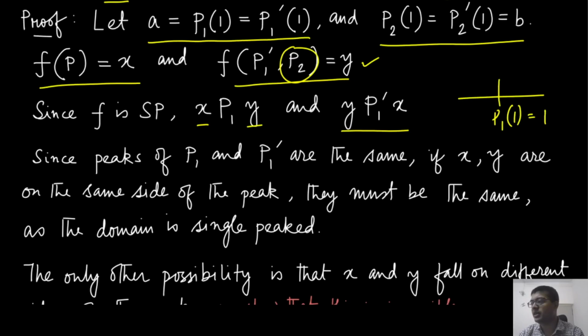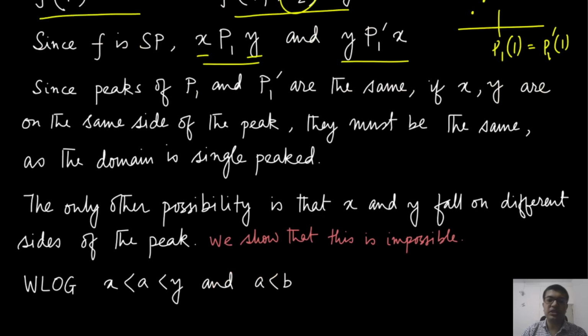P1's peak and P1 prime's peak, they are both the same. So if X and Y are on the same side, they must be the same. Otherwise you cannot have X preferred over Y in one preference and Y preferred over X in the other preference, right? So they must be the same.